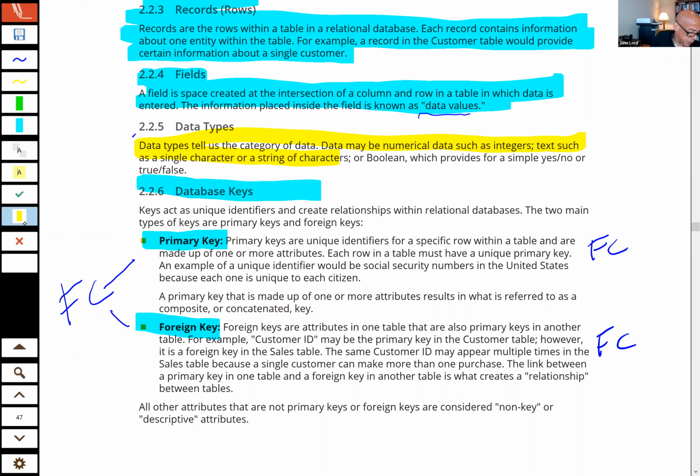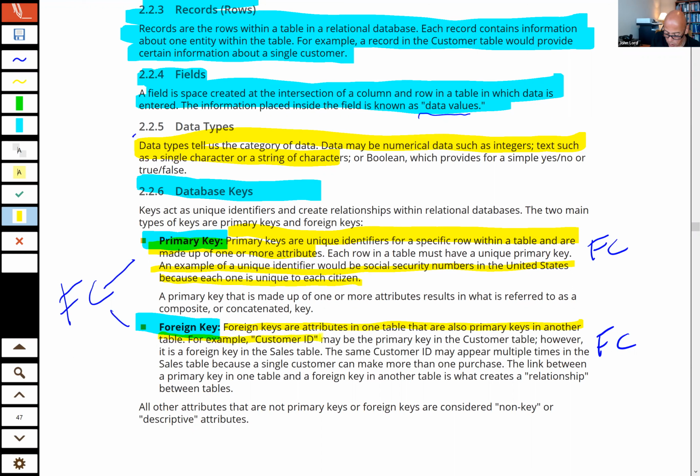Okay, so primary keys are unique identifiers for a specific row within the table that are made up of one or more attributes. For example, a unique identifier would be Social Security number in the United States, because each one is unique to each citizen. Foreign keys are attributes in one table that are also primary keys in another.